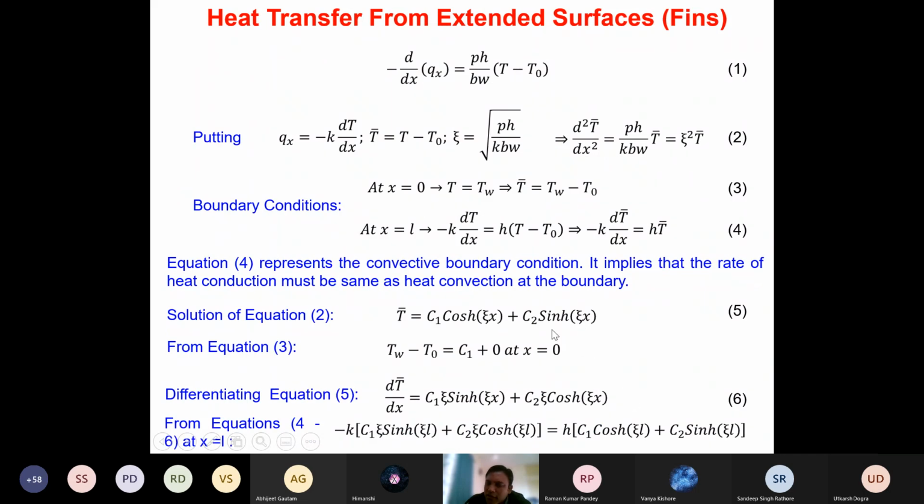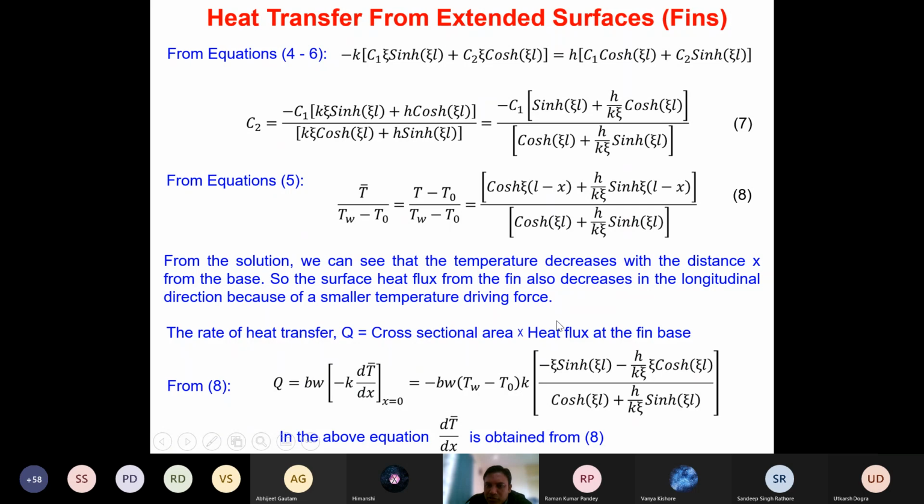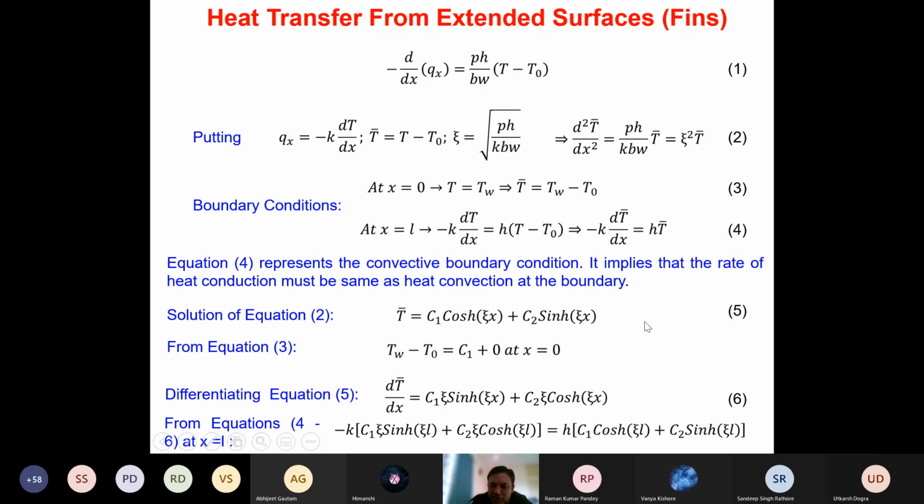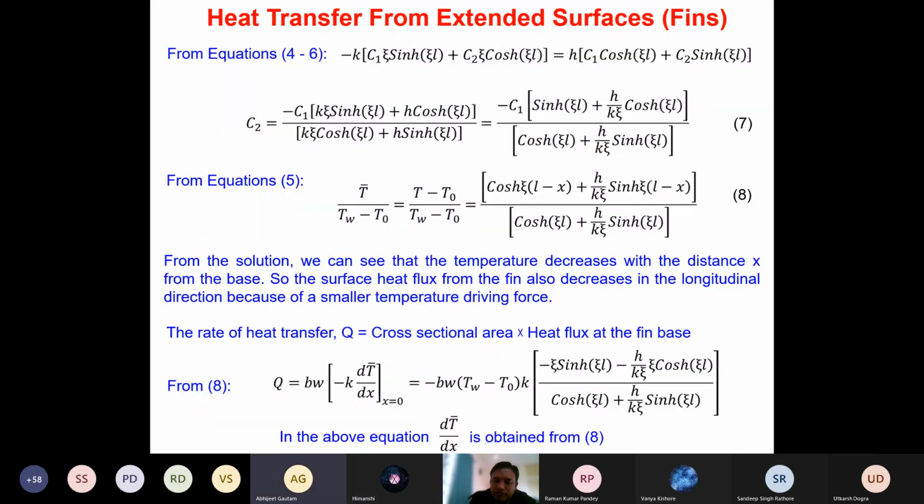So if you rearrange everything, you can collect the cos and sine terms, and that will be represented as cos hyperbolic zeta (L minus x) plus h by k zeta sine hyperbolic zeta (L minus x), and the denominator will be the same, cos hyperbolic zeta L plus h by k zeta sine hyperbolic zeta L. So this is just a simplification after doing the hyperbolic manipulation and also putting C2 and C1 directly in this equation 5. Is it clear to everyone? Yes, sir.